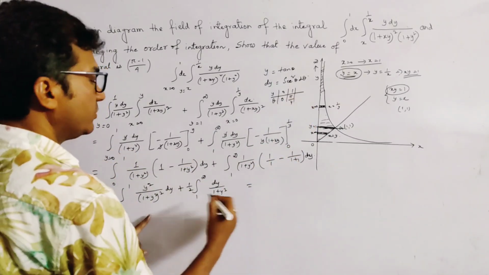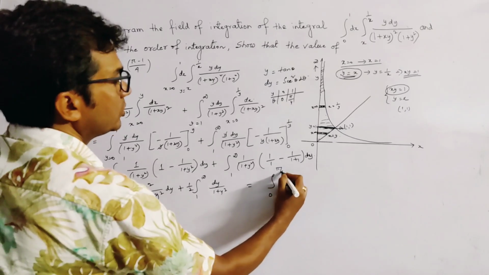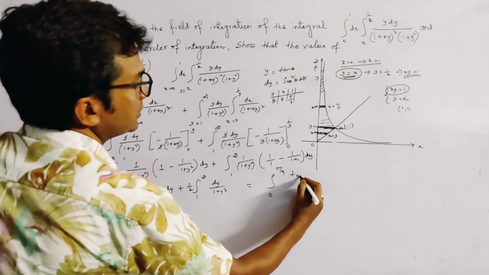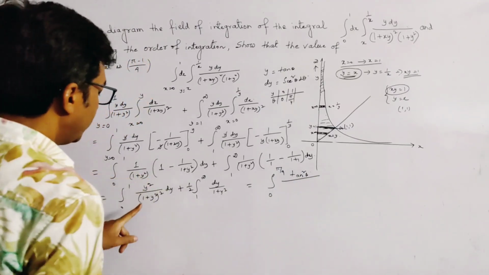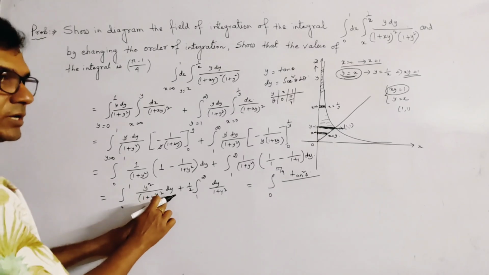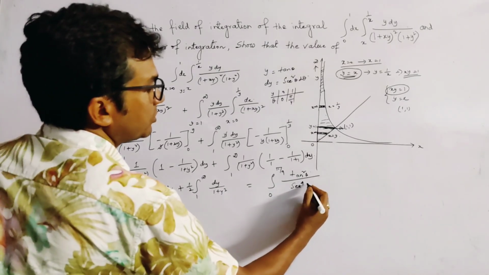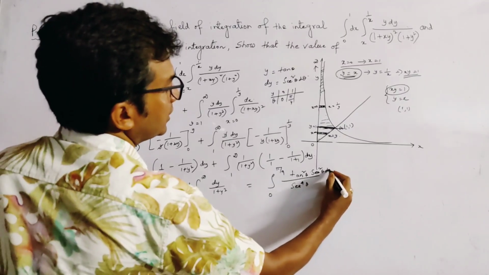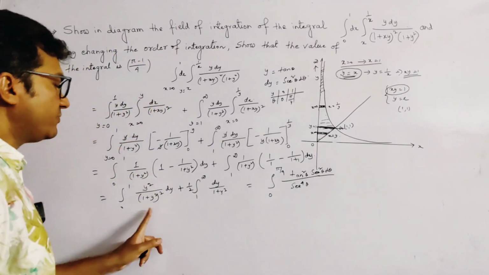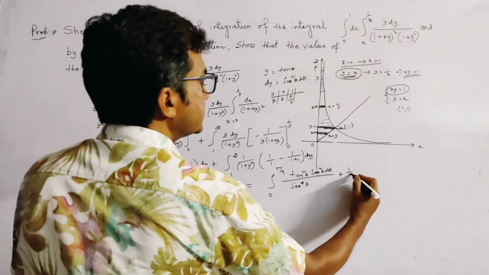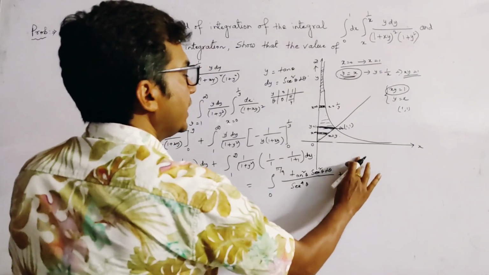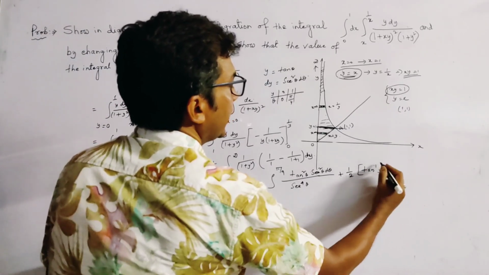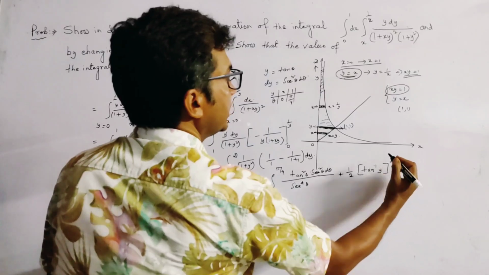So the range of the first integration is 0 to pi by 4, and the integrand becomes y square means tan square theta by 1 plus y square whole square, this means sec to the power 4 theta, and dy means sec square theta d theta. Clear? This is the first integration, and the second integration is half into, this is clearly a very easy integration, this is tan inverse y, and the range is 1 to infinity.